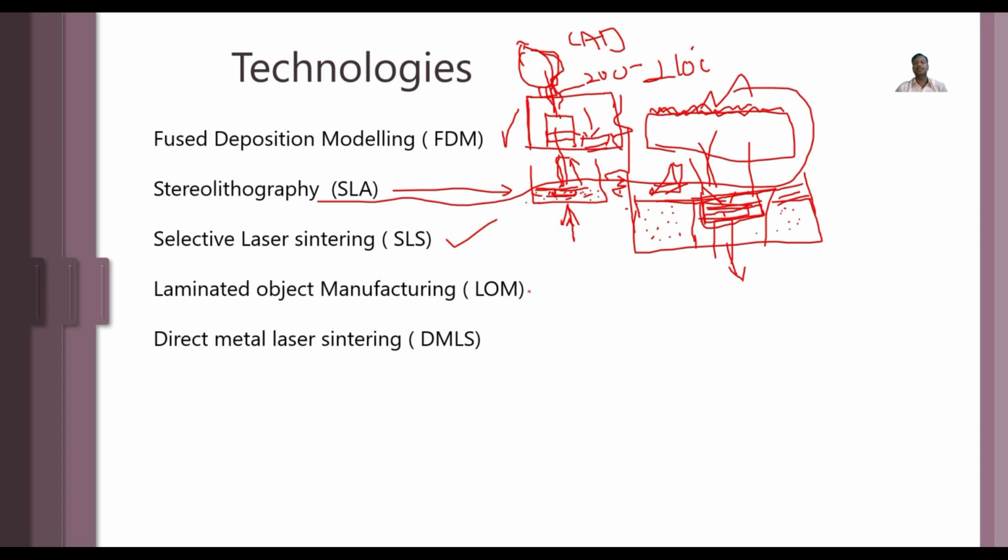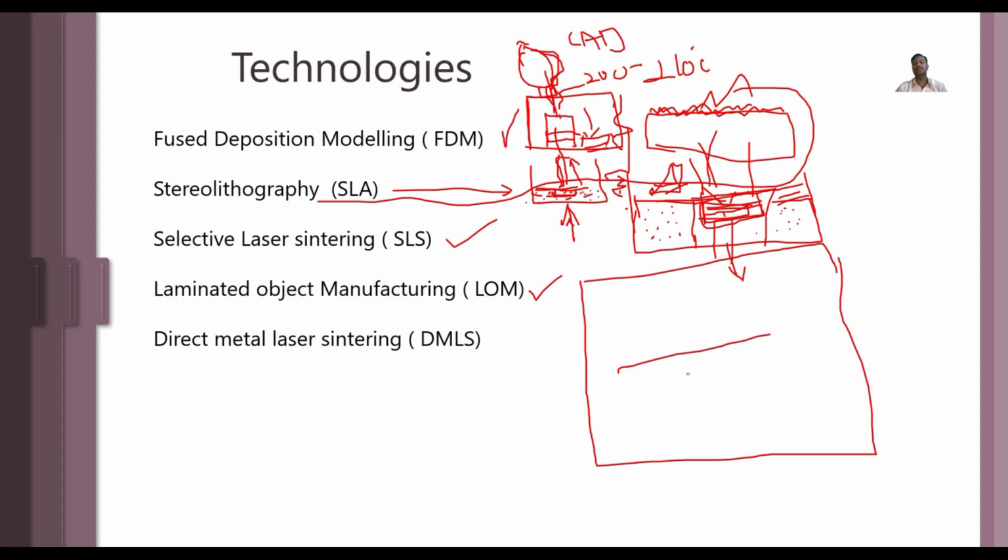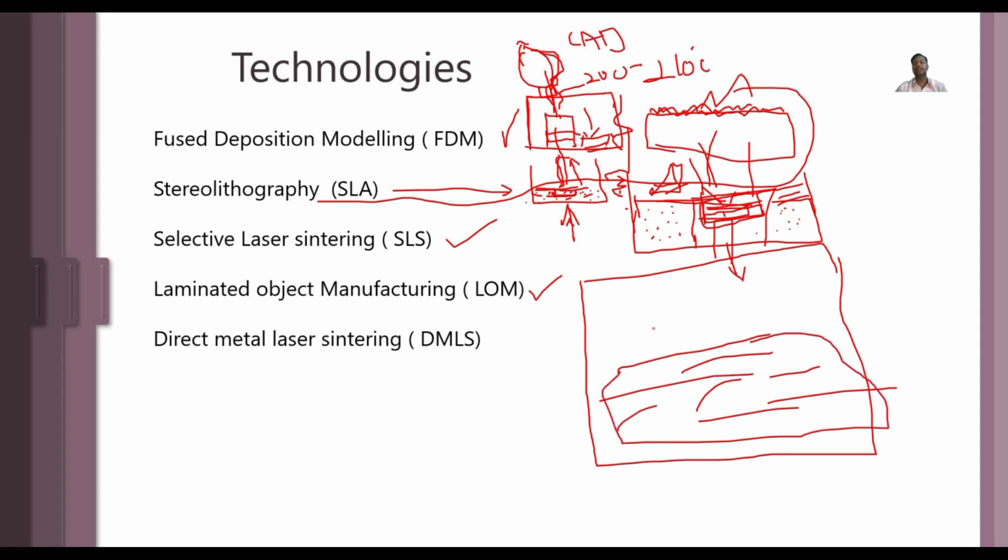Laminated object manufacturing is generally used when we want to build prototypes, such as large scale architecture models with highly intricate shapes, that we can show the client. In those situations, we can easily make layer by layer printing of those particular designs.